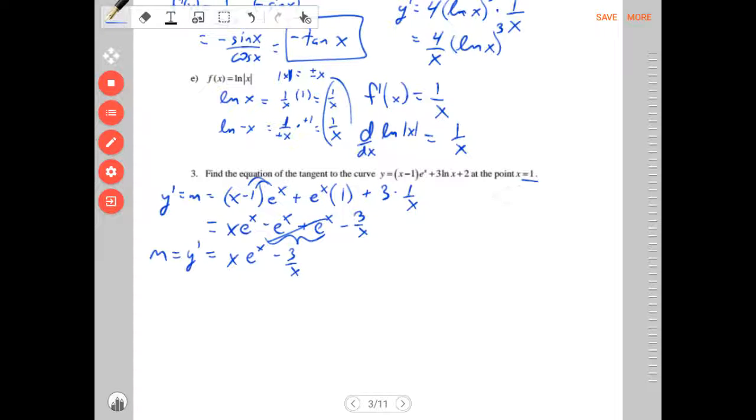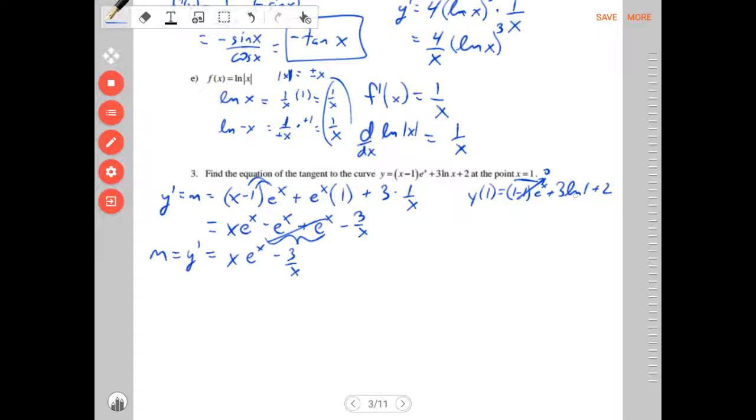Now, from here, we know that the point goes through x equals 1, so let's figure out the rest of that. So y at 1 is equal to 1 minus 1, well, that's just 0, plus 3 ln 1, plus 2. So if you type that in, 1 minus 1 is 0, so this part is going to equal 0.